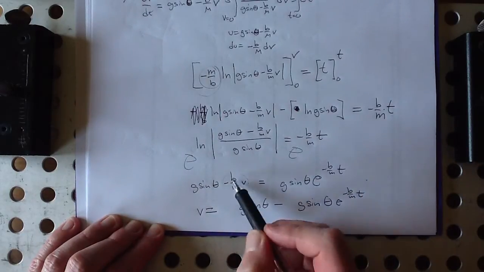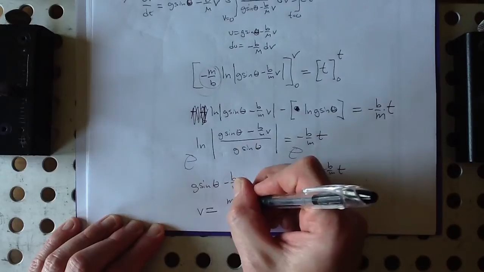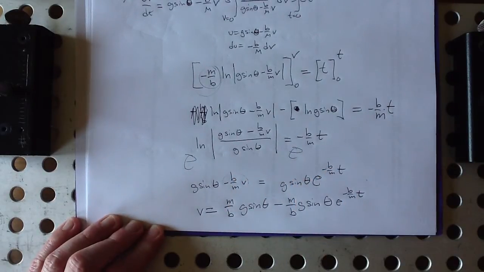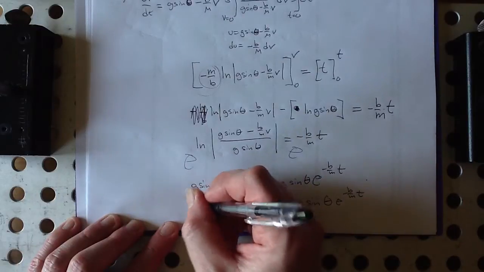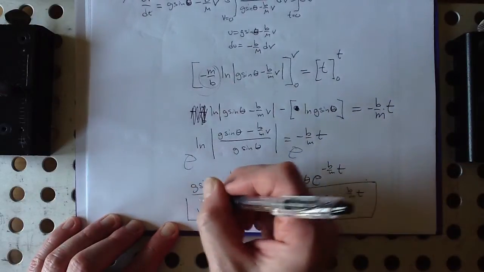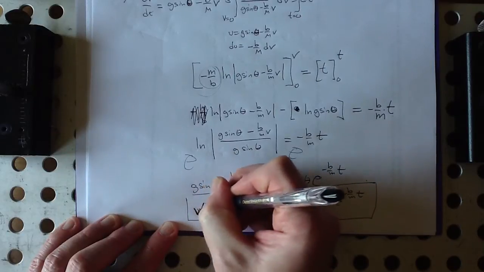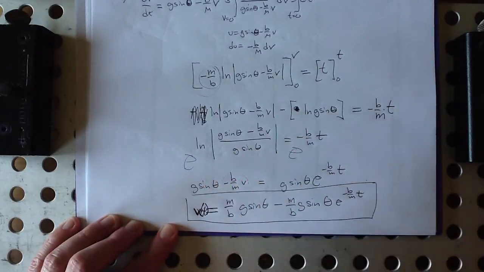And what happened to the b over m? Well, I'm going to multiply m over b to this side. That is an expression for the velocity. I should write it as a v of t at any given time t.